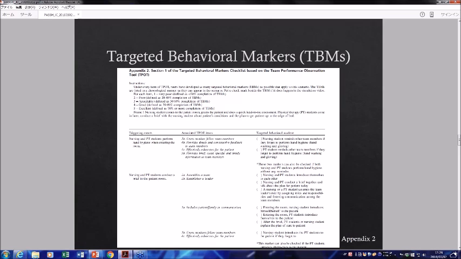And when you look in the middle, actually the checklist on the right is connected to the subscales of TPOT. So the typical characteristic of these TBMs is that every checklist item is related to behavior. So you need to think about what kind of behavior students would do during the simulation scenario. And then you can create these TBMs.